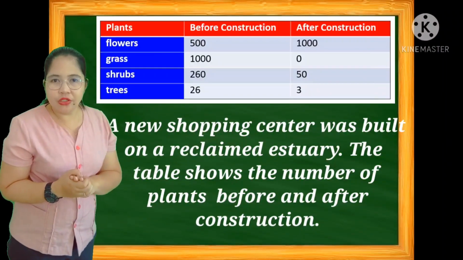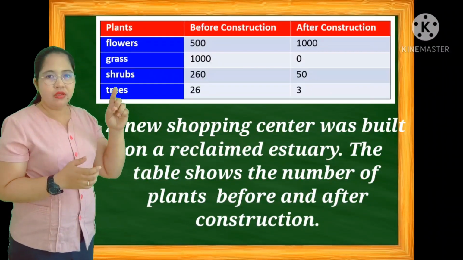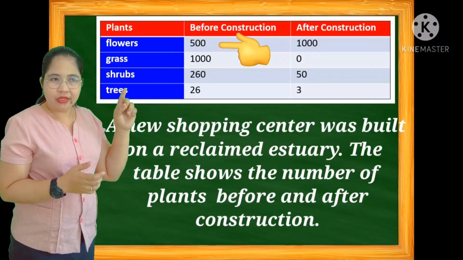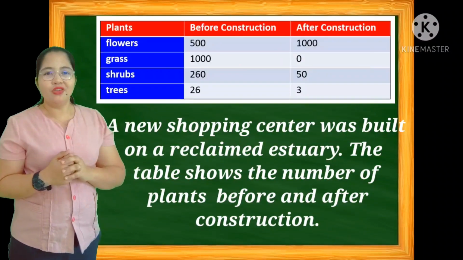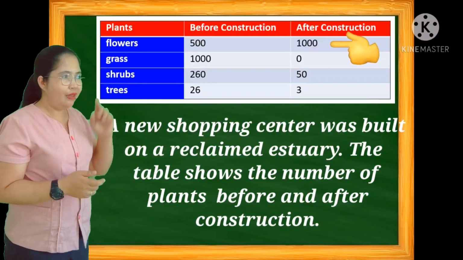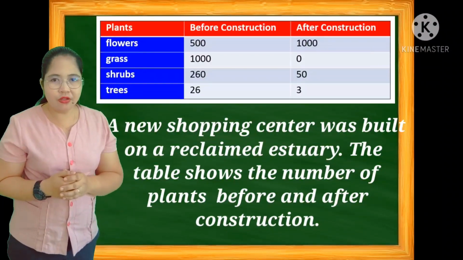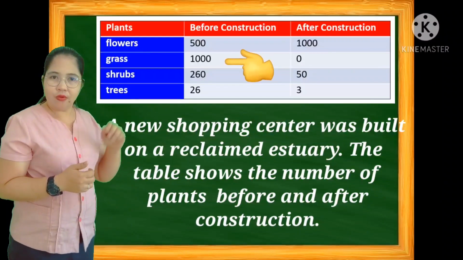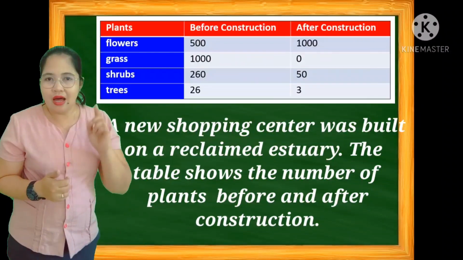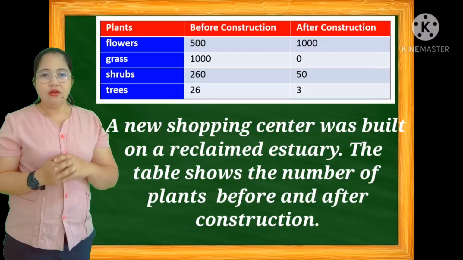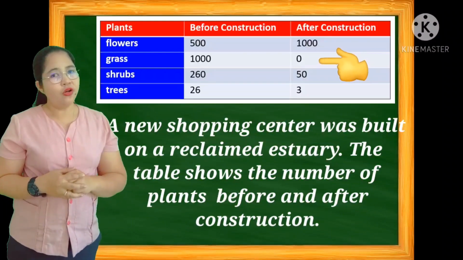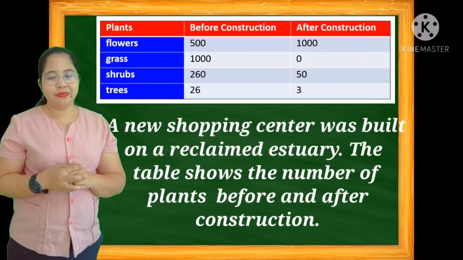Before the construction, the flowers are 500. And after the construction, there are 1,000 flowers. Before the construction, grass are 1,000. While after the construction, there are none or zero grass.